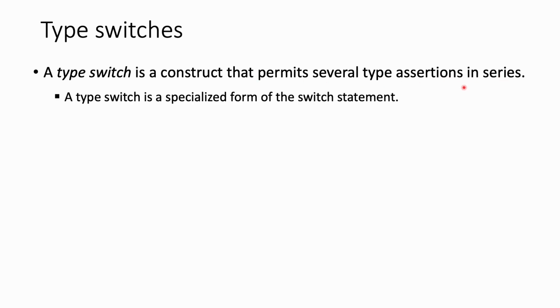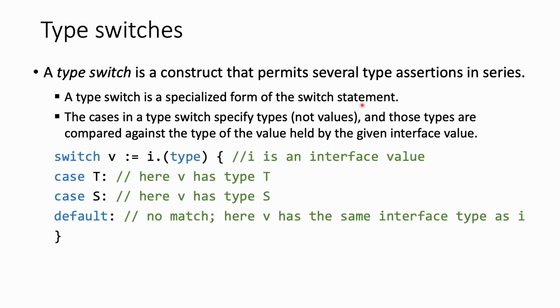A type switch is a specialized form of the switch statement, in which the cases specify types instead of values, and those types are compared against the type of the value held by the given interface value.